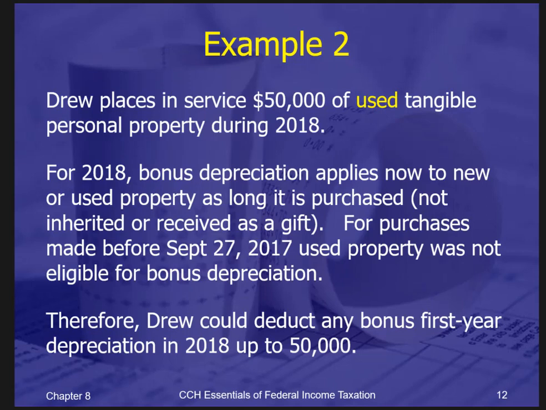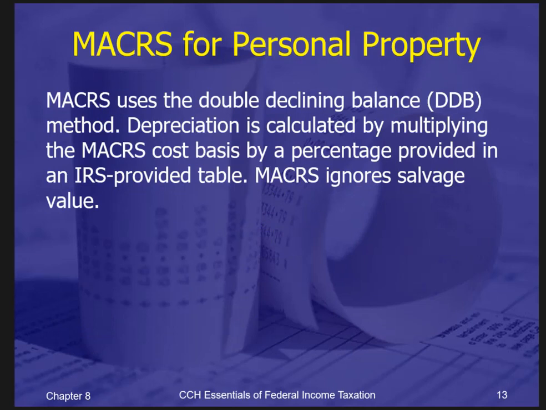But that rule changed with the new tax law, and now, as long as it's purchased, you can't inherit it or receive it as a gift, used property is now eligible, and so therefore Drew could deduct up to $50,000 of bonus depreciation on this personal property, all in 2018. So the part that you don't use the bonus depreciation for is calculated using the MACRS, modified accelerated cost recovery system, to calculate.